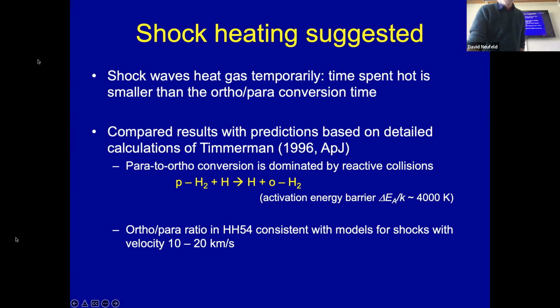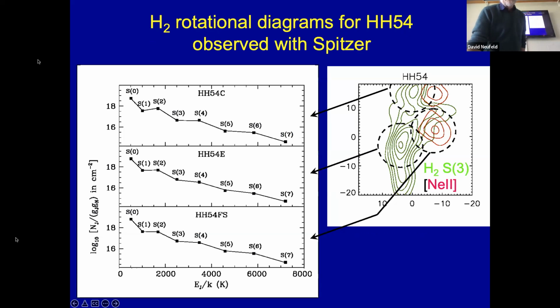So we then got a lot better data on this. In fact, Volker was involved with some observations we made with another satellite observatory that was very, very sensitive, the Spitzer Space Observatory. And now you can see we have 8 transitions of molecular hydrogen, all the way from S0 to S7.